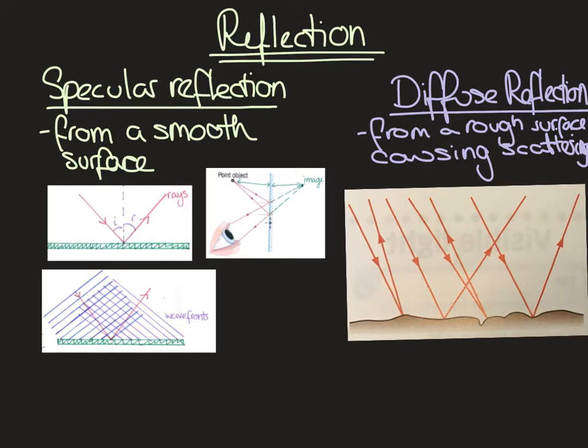What's important to note here is that the incident rays are all parallel, but the reflected rays are going off in different directions, but they're all still following the law of reflection. If we draw the normal into the surface here, angle I is still equal to angle R. It's just that the normals are pointing in lots of different directions. So this is diffuse reflection off a rough surface.